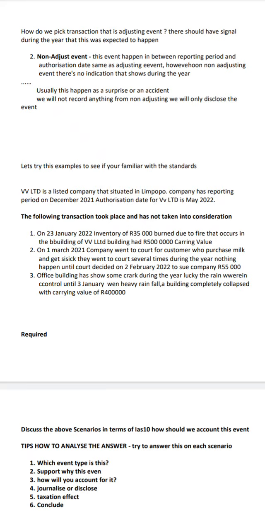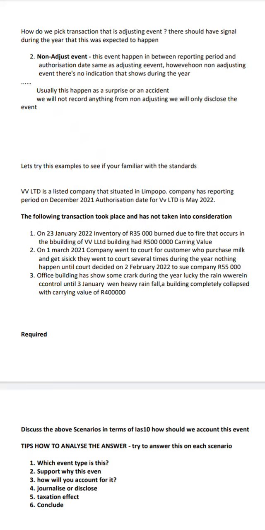During the year, the building showed cracks. Of course, this is going to be an adjusting event because there was an indication that the building might fall. The crack is the indication that the building might fall. It will be an adjusting event because there was an indication. Then we have to de-recognize it. Then we show the journal.